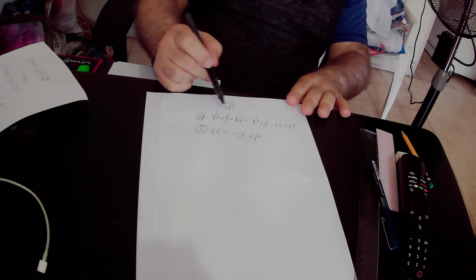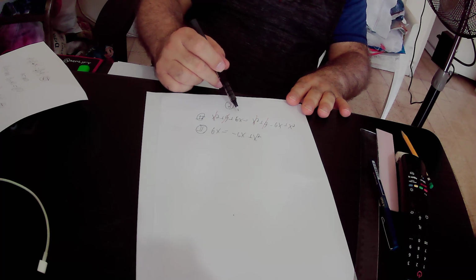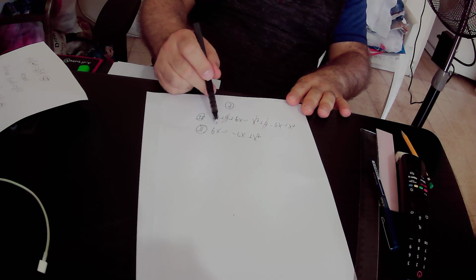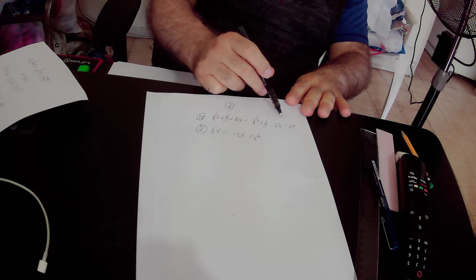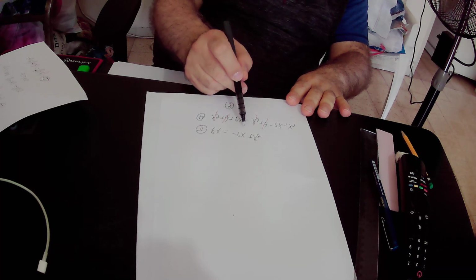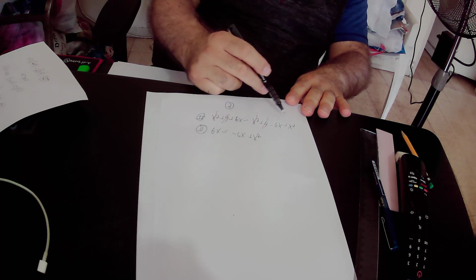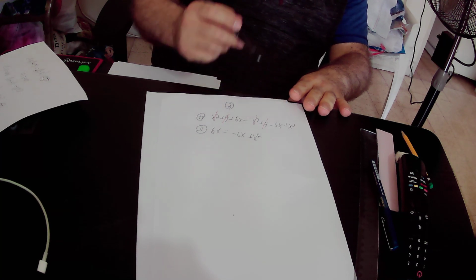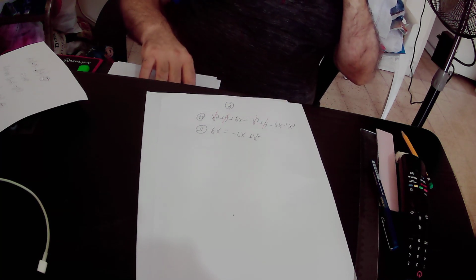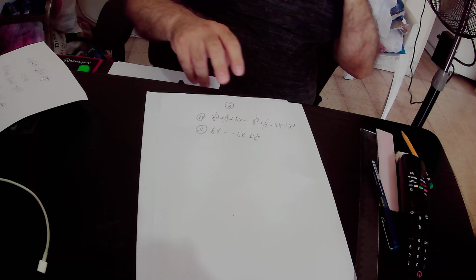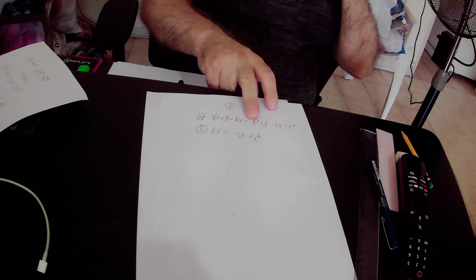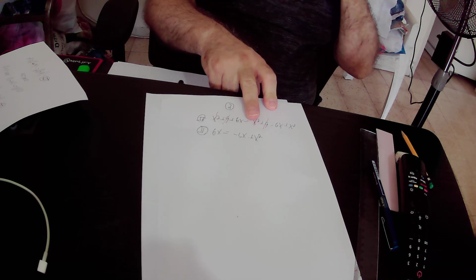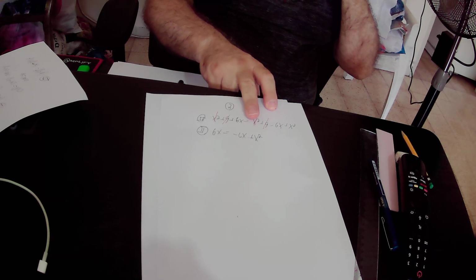So on this side of the equation, what is left is only 6x, and on this side of the equation, what is left is −6x plus x². In the next step, we will take a common factor x from this side. First of all, we will subtract −6x from equation number 2.